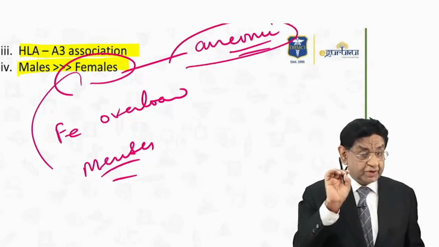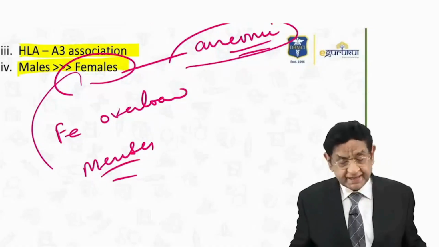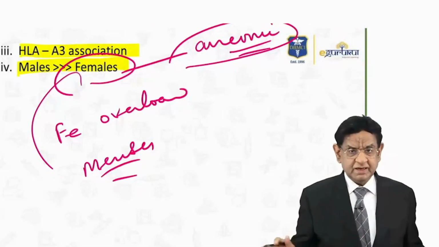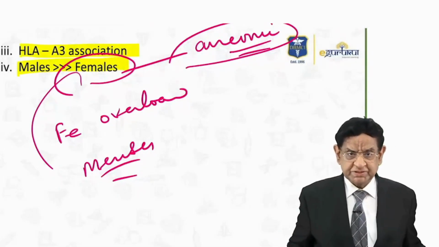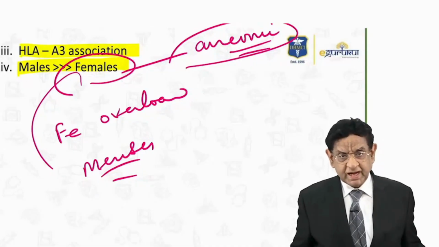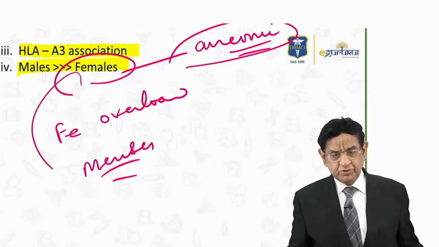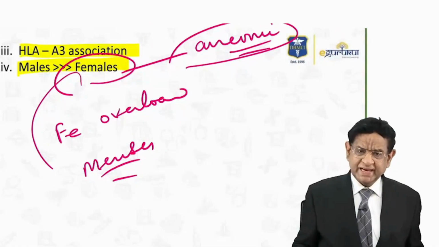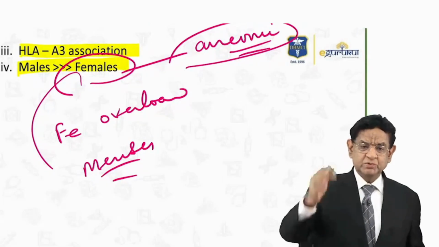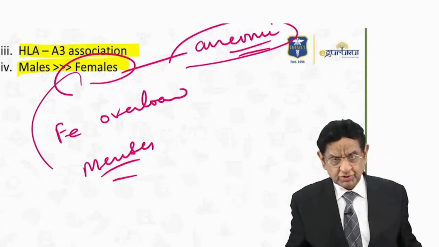I would use the word usually, I never say always. So by default they are losing iron in the form of menstruation. So there is no reason why they should develop an iron overload state. That's why in the reproductive age group it is practically nil. Even if the disease is there, it will not manifest because the patient is losing iron altogether.